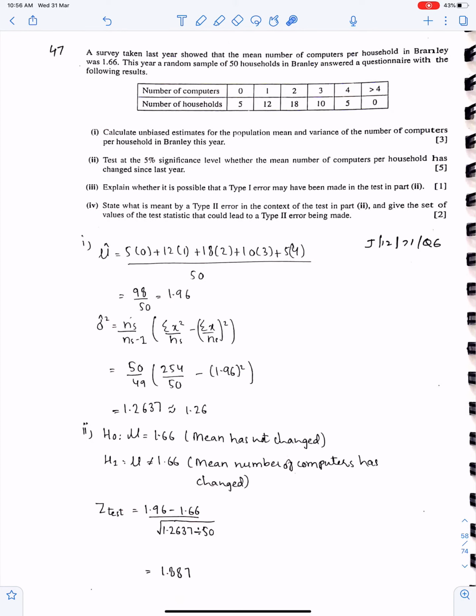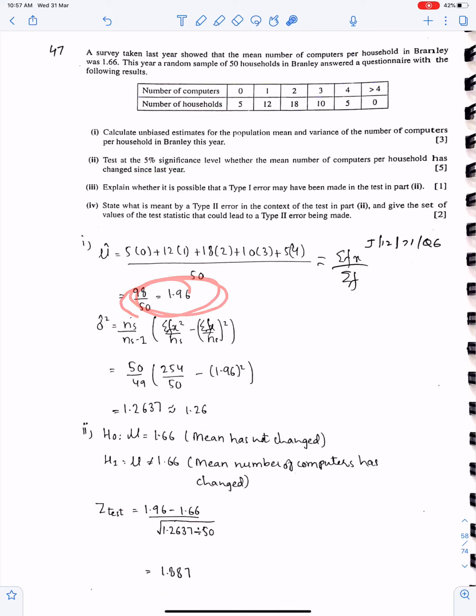Question 47: a survey taken last year showed that the mean number of computers per household and so on. So unbiased estimates, you already know how to find them: sigma fx squared over sigma f, and the formula of the mean is sigma fx over sigma f. Now the test at 5% has changed, so check this test value, whether it lies in the critical region or not.